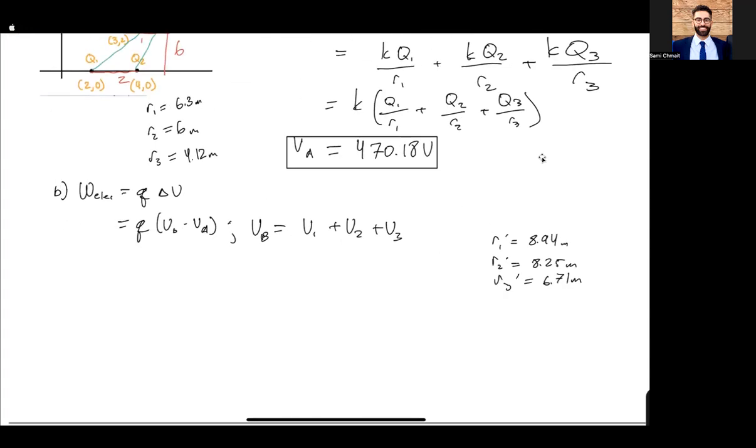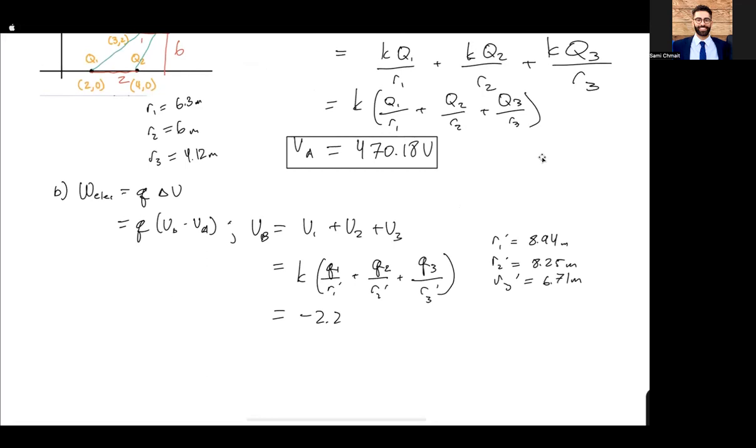And then, business as always. That comes out to be equal to minus 2.22 V.